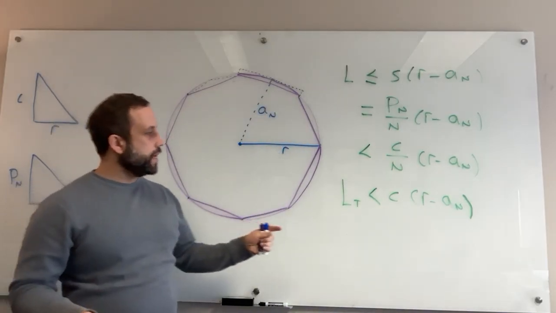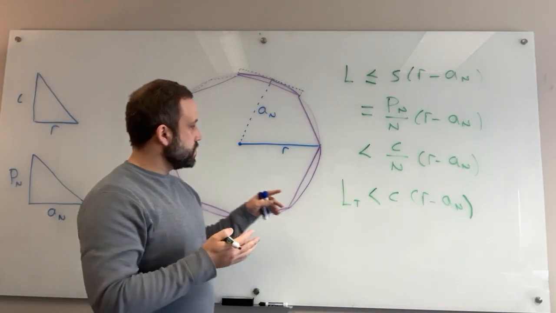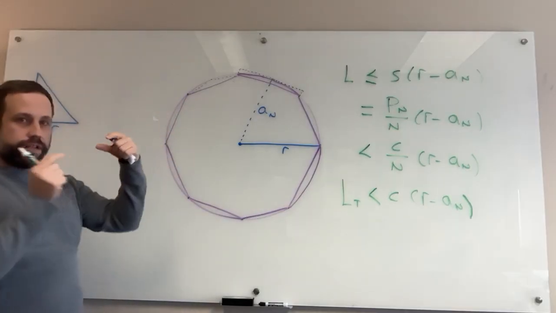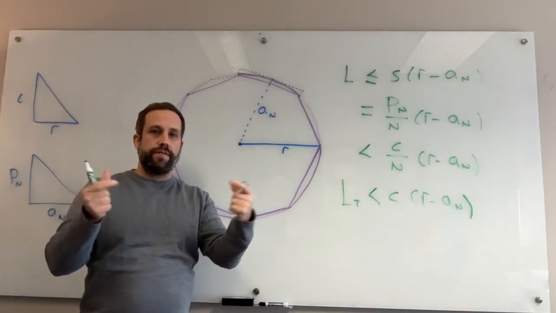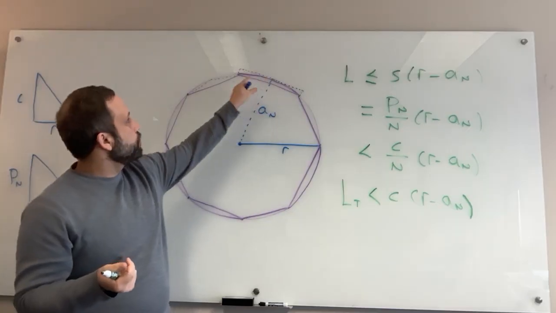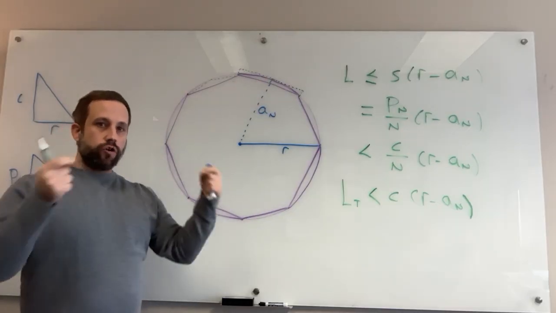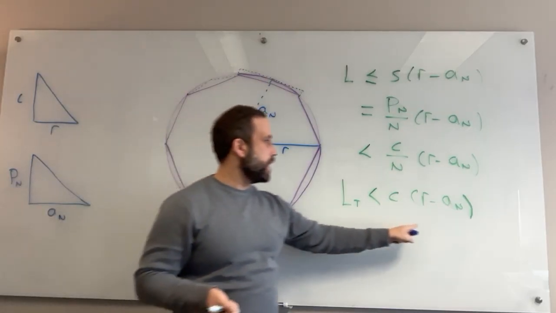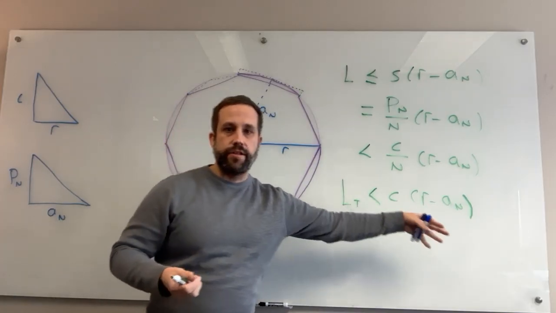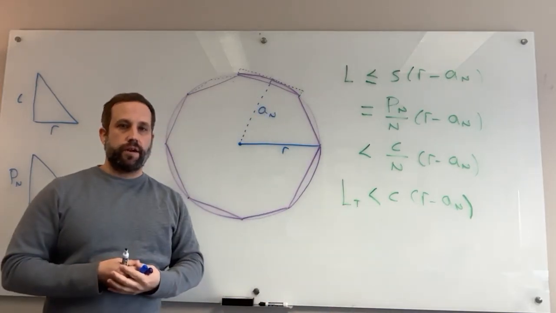And so what we're doing is a covering argument. The leftover area is covered by these rectangles, and the total area of those rectangles is going to be less than this quantity right here, and this quantity goes to 0 as N goes to infinity.